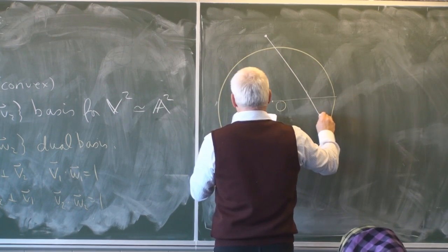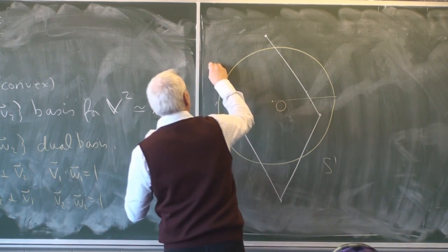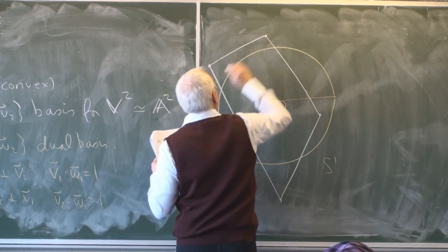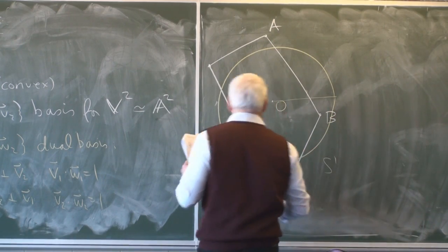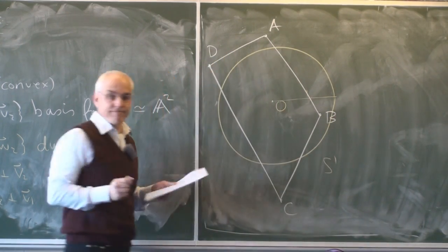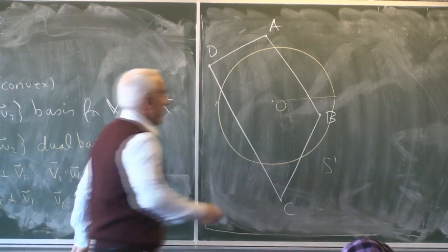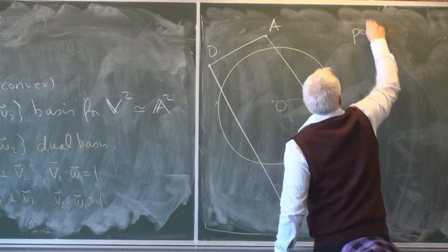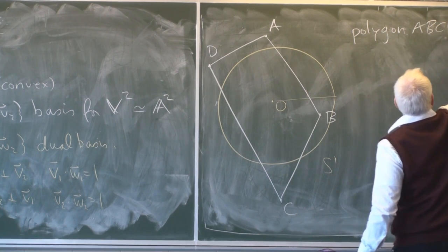There, maybe down to there, maybe down to there, over here, there. Okay, so A, B, C, D. It happens to be a four-sided polygon, but this works for it in general. Polygon A, B, C, D.